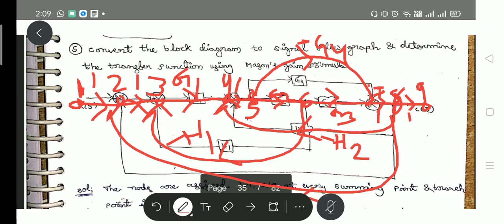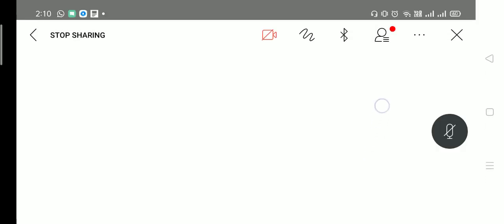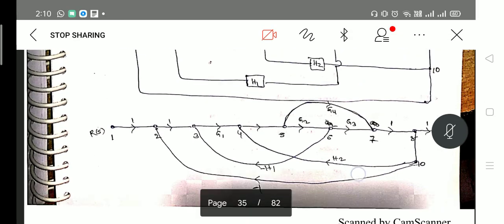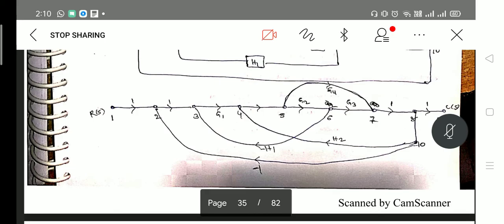Feedback minus is there, so minus 1. This is the conversion of block diagram to signal flow graph. You can observe the signal flow graph is the same as the block diagram.